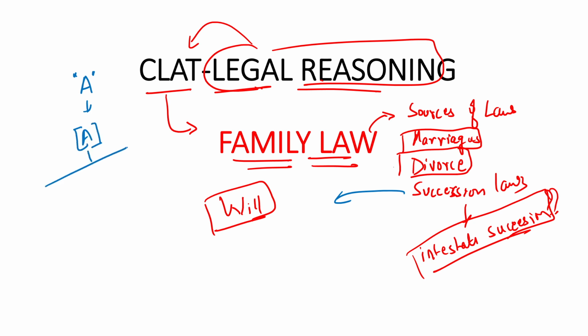Mr. A has a brother, then there is a son of A, and then you have the wife of A. What happens is that A is not able to make a will and he dies.